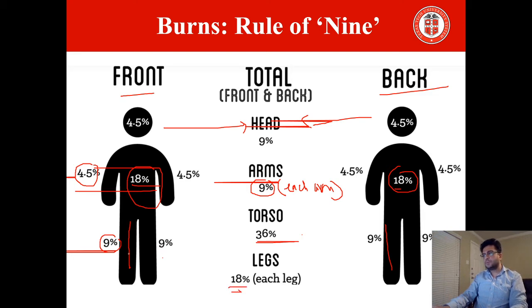And then if you add these two legs, that will constitute 36%. So this is just a rough estimate, and the rule of 9 helps us to determine how much area is affected and how much fluid or plasma we need to replenish for that particular patient. So let's watch a video. I think it will be pretty interesting.